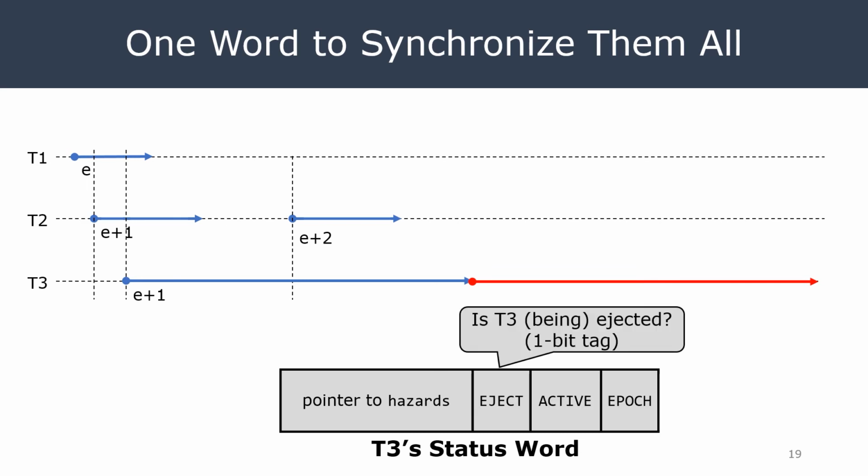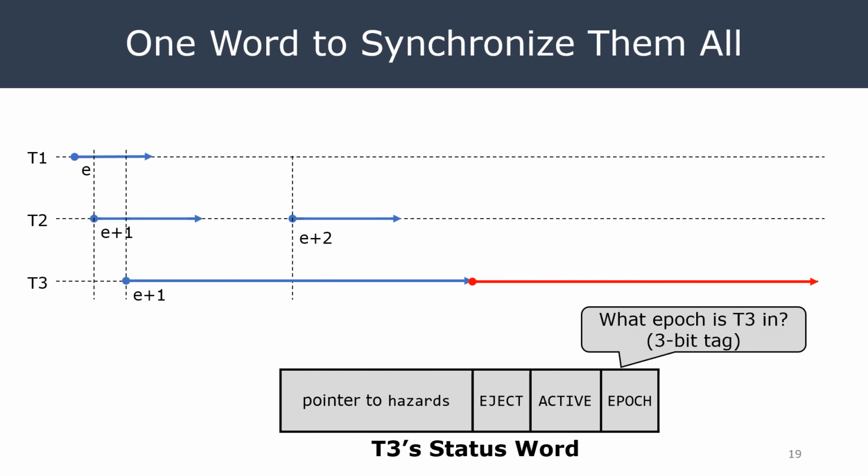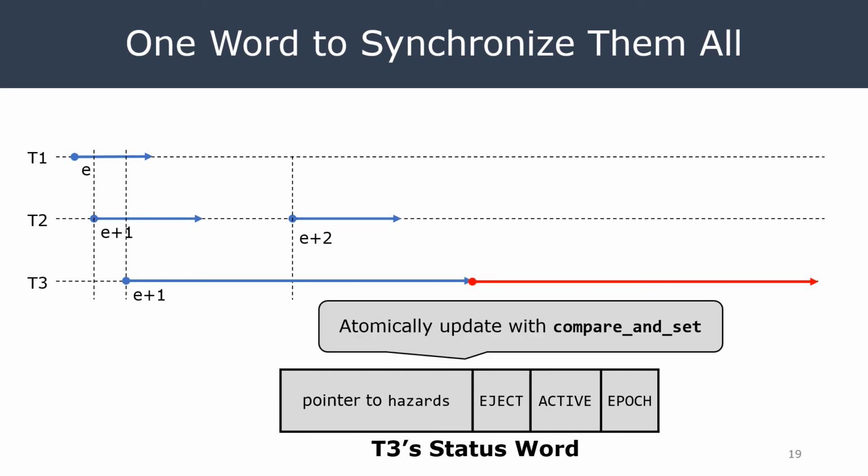The eject tag tells whether the thread is being ejected, and the active tag tells whether the thread is in an active state. And the epoch tag tells what epoch the thread is in. As all the metadata is on a single word, we can atomically update the status with compare and set instruction.